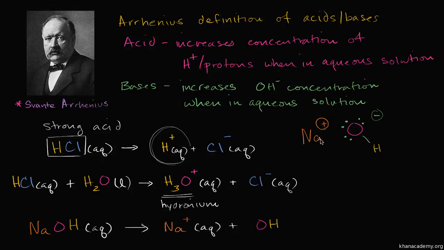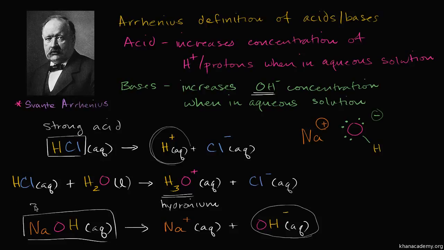So essentially this thing just dissociates. The hydroxide has a negative charge, and it's still dissolved in the water. So you throw sodium hydroxide in water, it's going to increase the hydroxide concentration. And so by the Arrhenius definition of acids and bases, this would be a strong Arrhenius base.